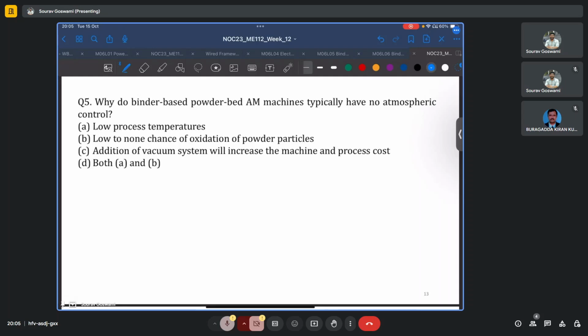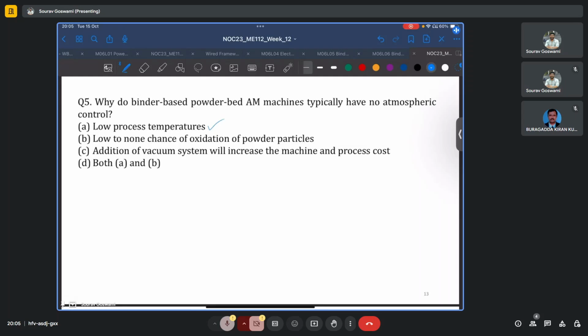As we discussed, during the build cycle itself, the binder-based powder AM machines are subjected to low temperatures. The post-processing may be performed at considerably higher temperatures. Say the binder burn-off is performed at 200 degrees Celsius. Infiltration will be performed at the melting point of copper, so 1000 degrees or so.